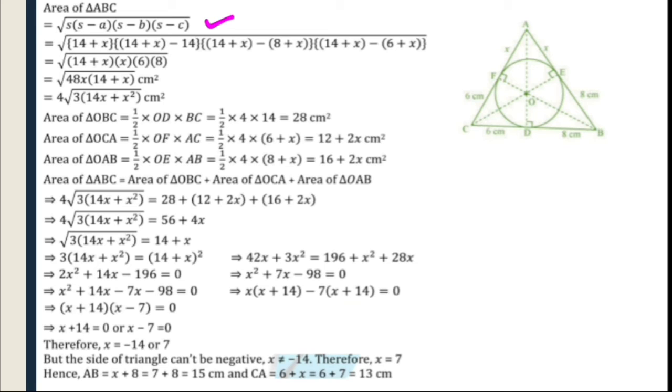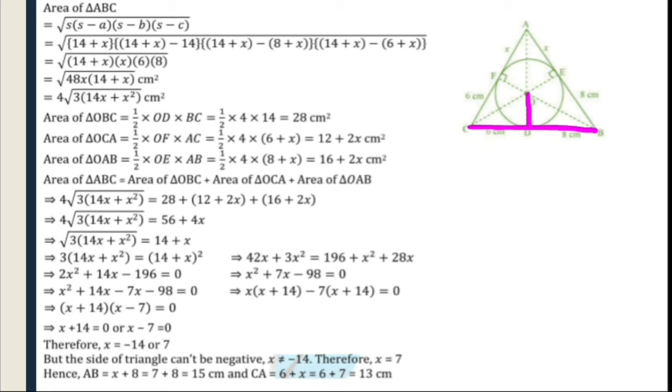Now you will use Heron's formula and you will find the area of triangle ABC. Now you will find the area of triangle OBC. Look at here, OBC means this triangle. Now in triangle OBC, OD is perpendicular to the base BD. Why?